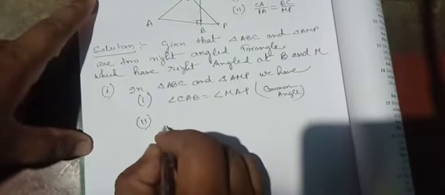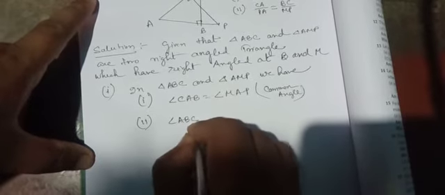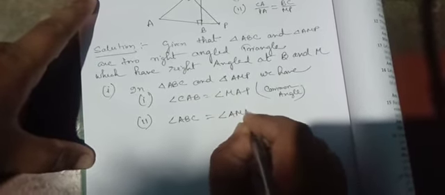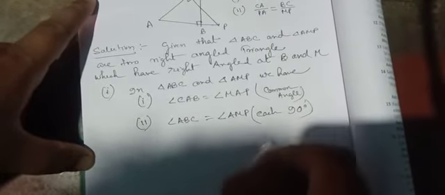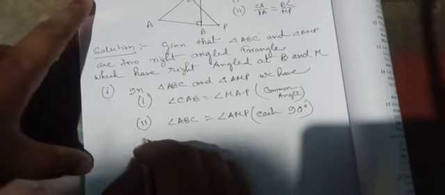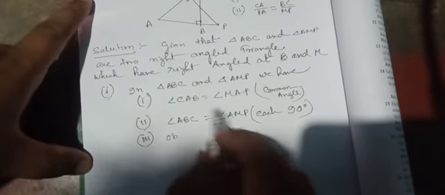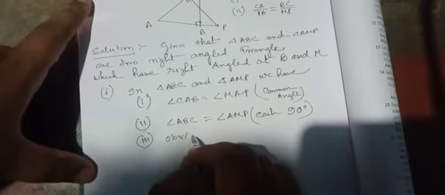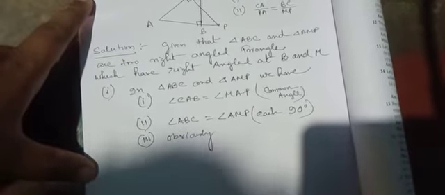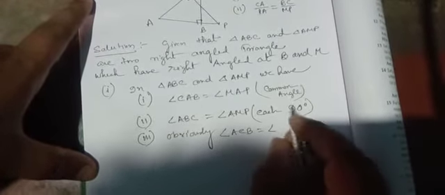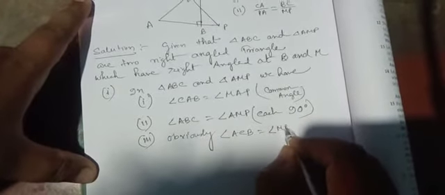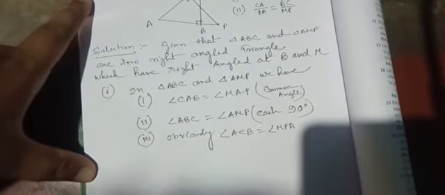The common angle. Next, second one, angle ABC is equal to angle AMP, each 90 degrees. Third one, since the two angles are the same, obviously angle ACB is equal to angle MPA. This angle is similar to this angle.